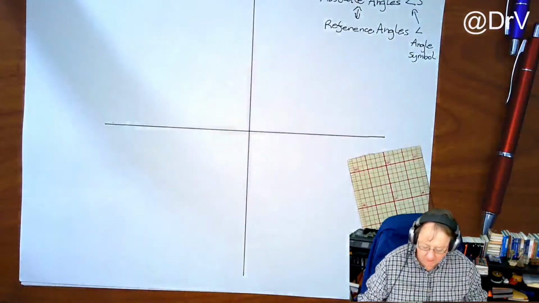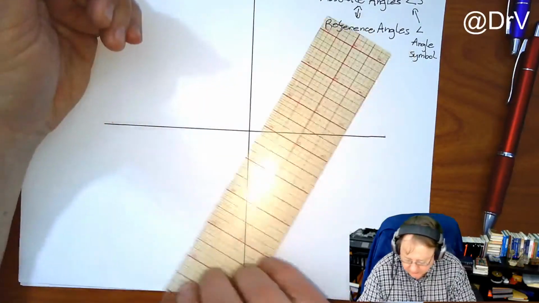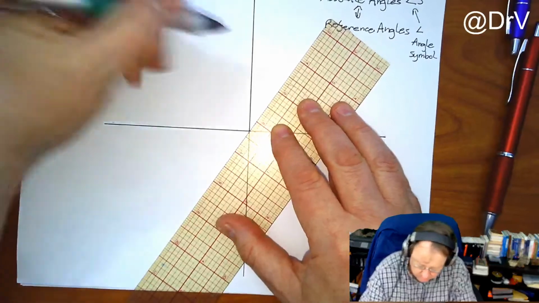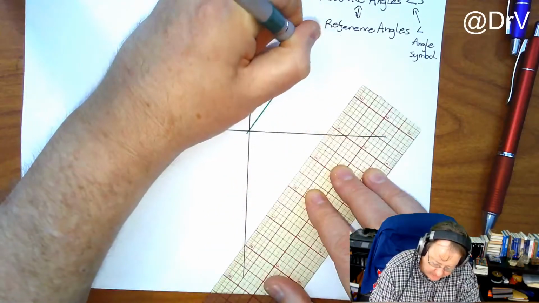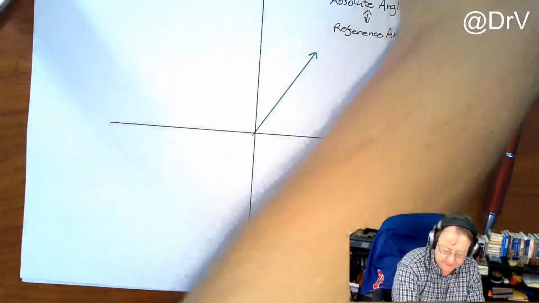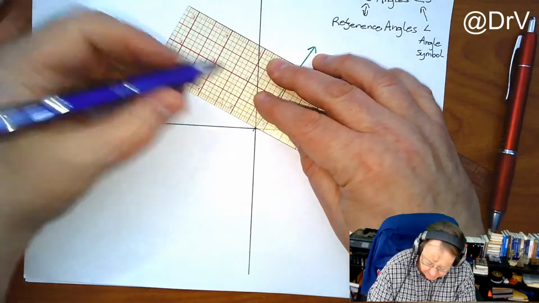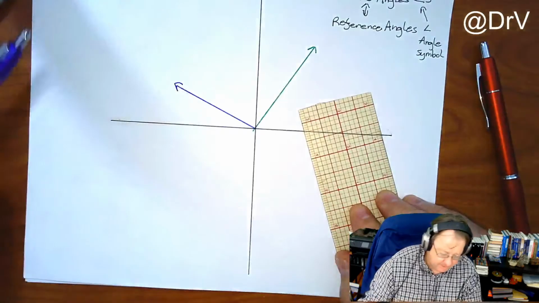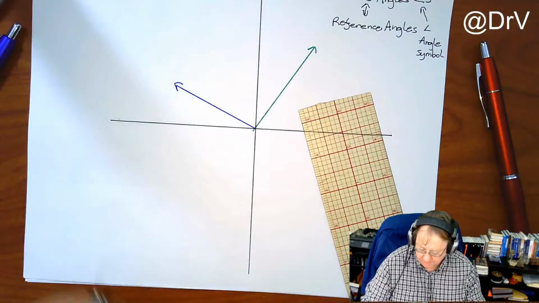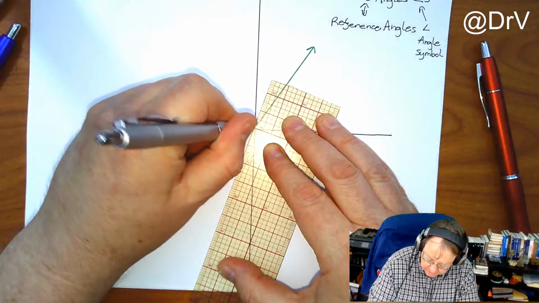Now, I'm going to be drawing what I call the vector butterfly. And it represents the 4 possible vectors because there are 4 possible quadrants.